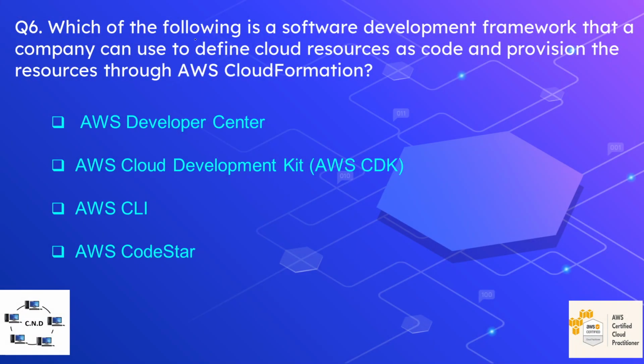Question number 6 is which of the following is a software development framework that a company can use to define cloud resources as code and provision the resources through AWS CloudFormation? The options are option A, AWS Developer Center, option B, AWS Cloud Development Kit, option C, AWS CLI, and option D, AWS CodeStar.